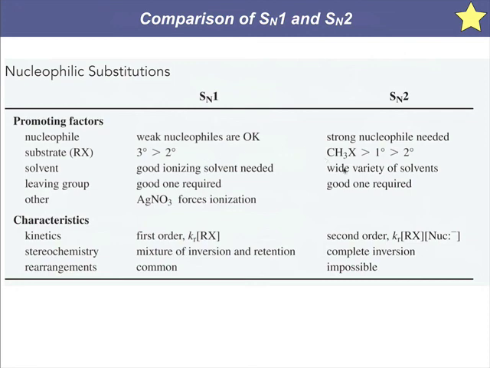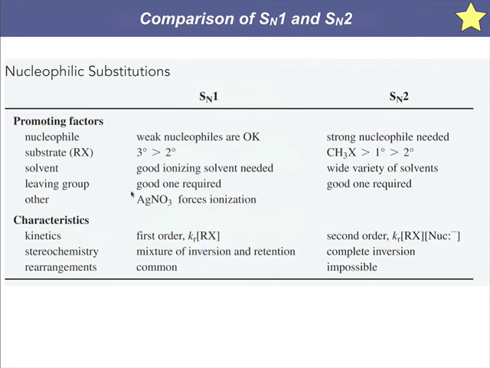With SN2, we don't necessarily need that. We can use a wider variety of solvents. In both cases, we need a good leaving group. We need the leaving group to be good enough to be forced off by the nucleophile in the case of SN2, or to be good enough to leave on its own in SN1. So we always need a good leaving group.